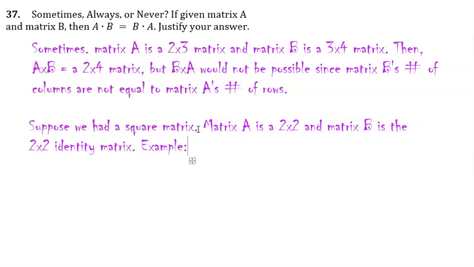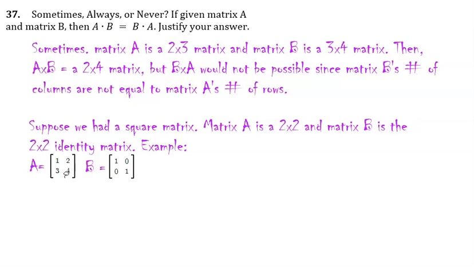And then here's an example. Let's just say that matrix A equals the matrix 1, 2, 3, 4, and matrix B is the identity matrix.